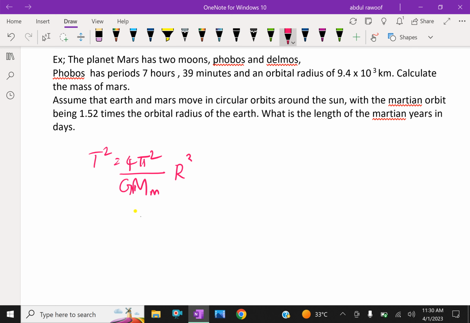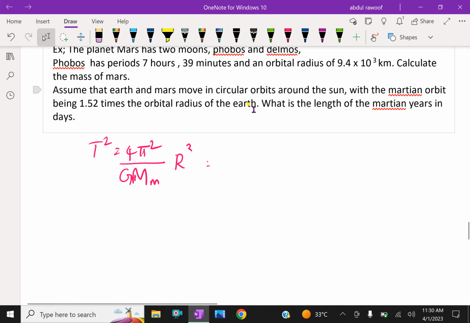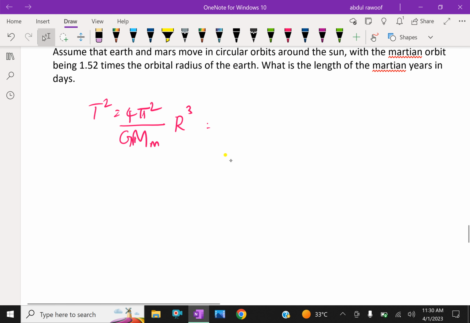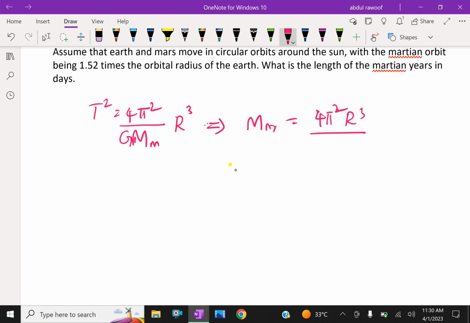From this, cross multiplying, M equals 4π² r cube over G T squared.